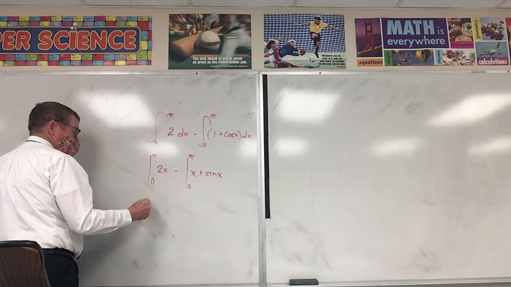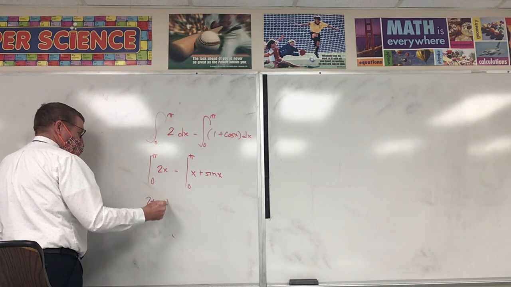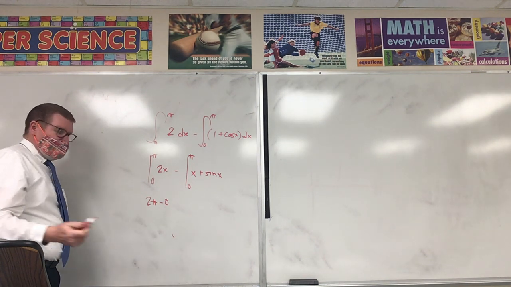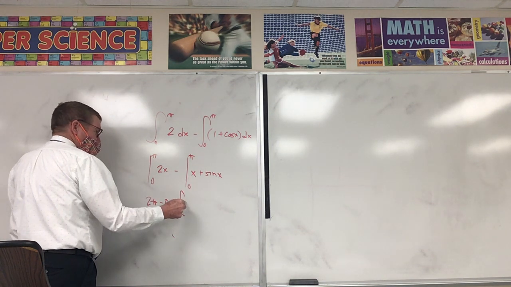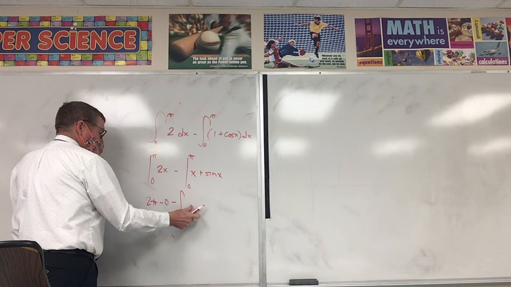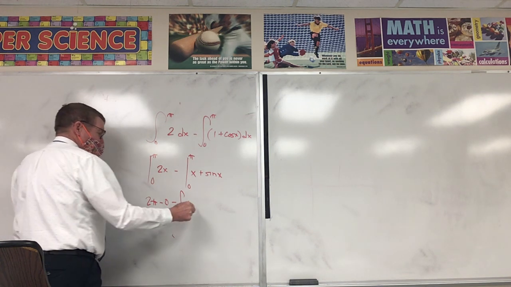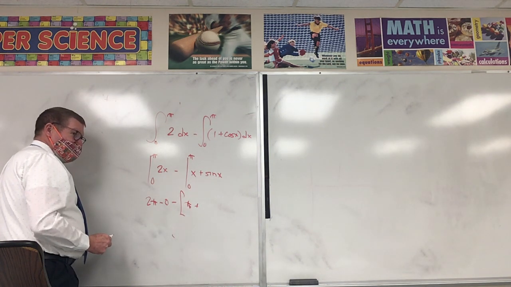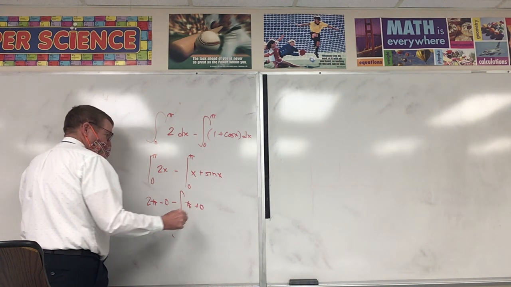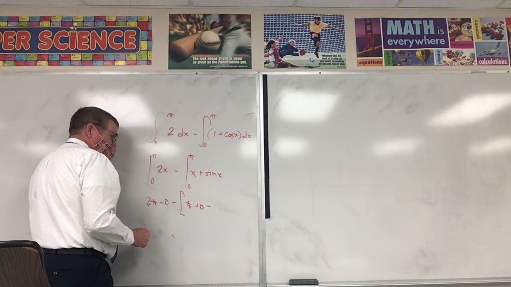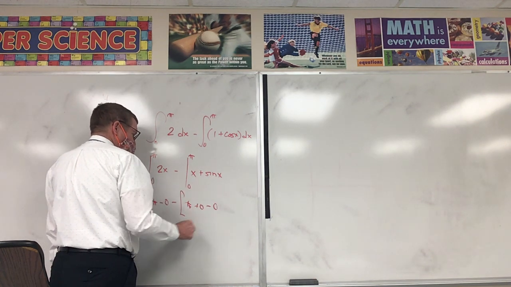So here we get 2 pi minus 0, which is 2 pi, minus pi plus sine of pi, which is 0, minus 0.